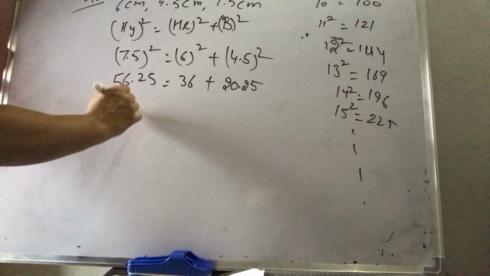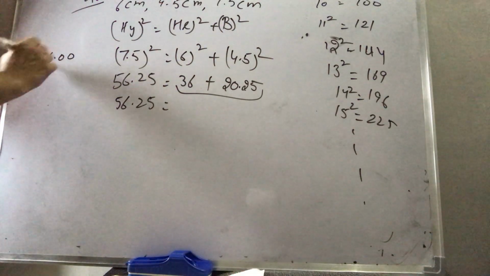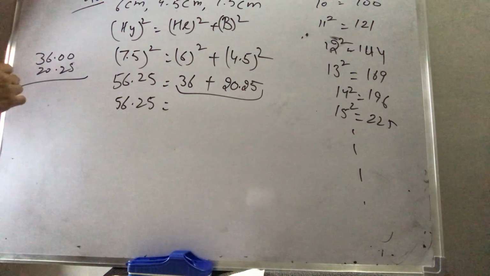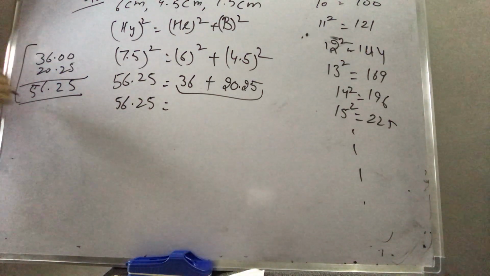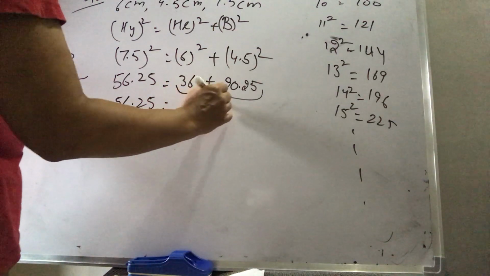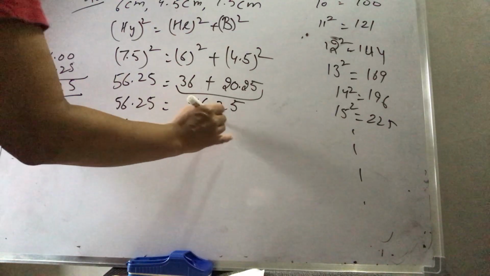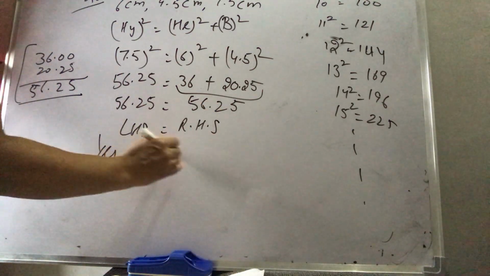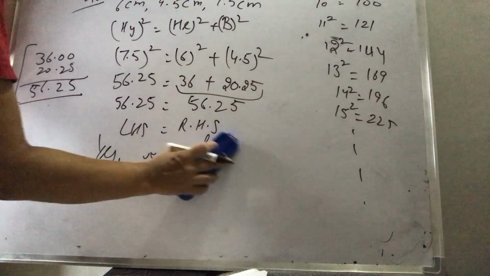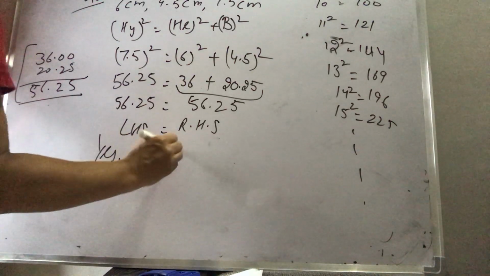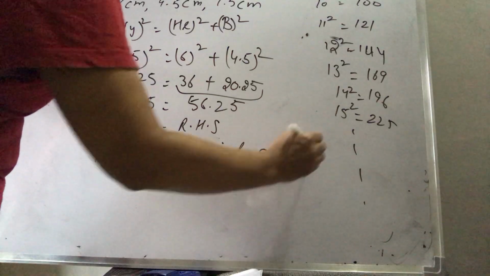Now the addition of these two numbers: 36 is a whole number and 20.25 is a decimal number, so see carefully how you have to keep the numbers. 56.25 is equal to 56.25, which means the Pythagoras theorem is satisfied. Yes, it is a right angled triangle.